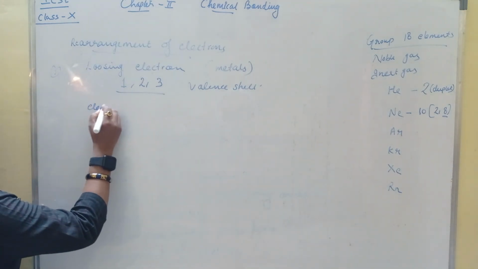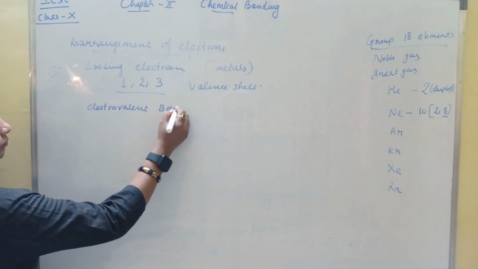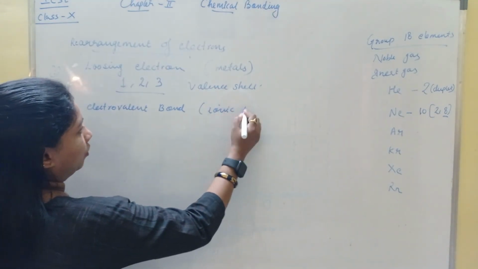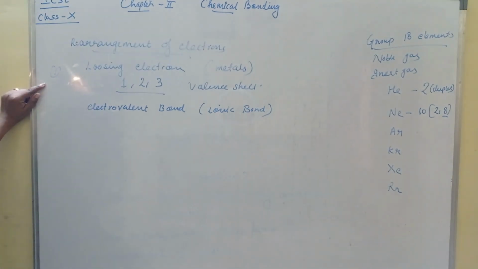Electrovalent bond, or we can call it ionic bond. So in the first method electrovalent bond is formed.